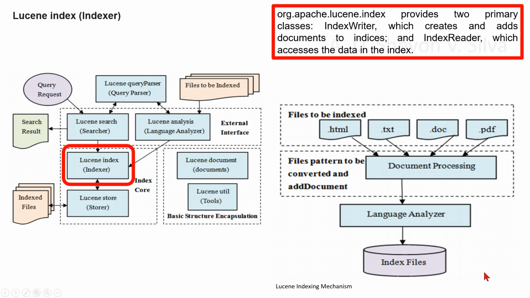To index data with Lucene, first of all we must convert it to a stream of plain text tokens. Therefore, other formats of files must be converted into text before being indexed.